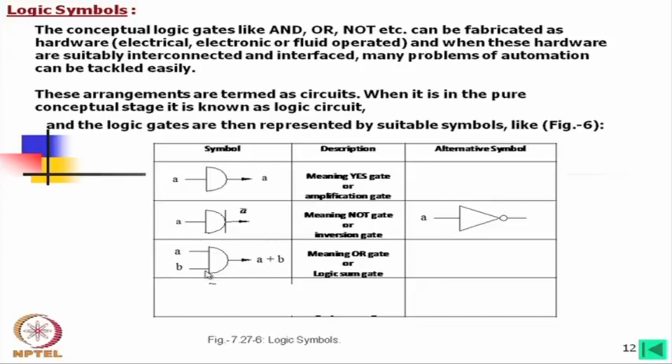If there is a signal at B, then there is an output. If both A and B are there, there will be output, but if A is not there and B is not there, then only this will be 0, no signal. So, this represents the OR gate, or we call it the logic sum gate. It also has an alternative symbol, which is like this. Usually with these signs no arrow is used.